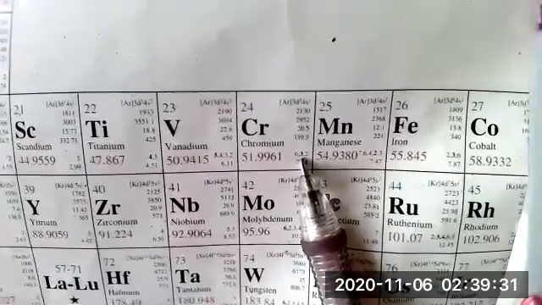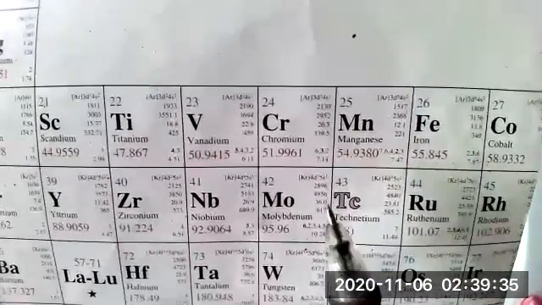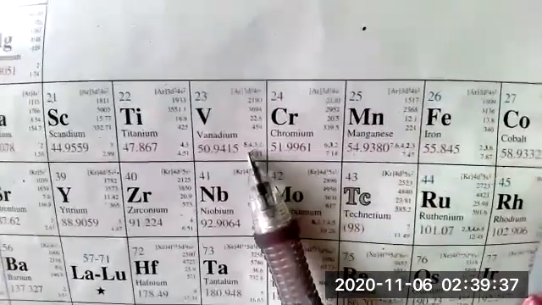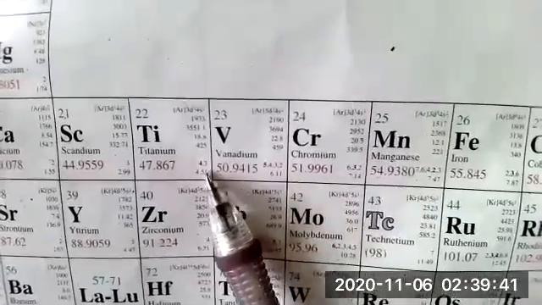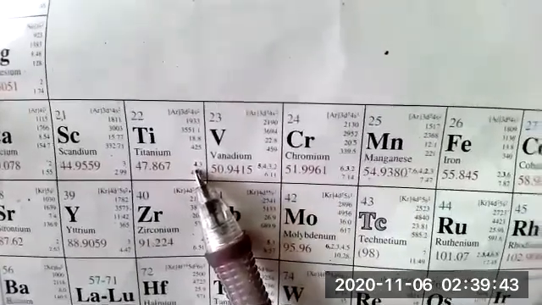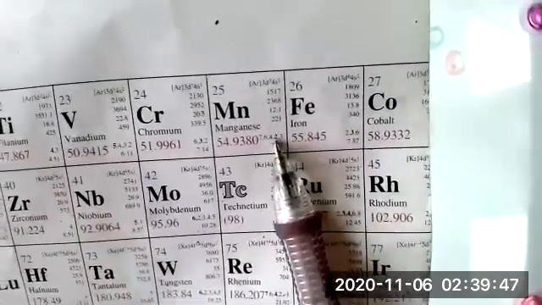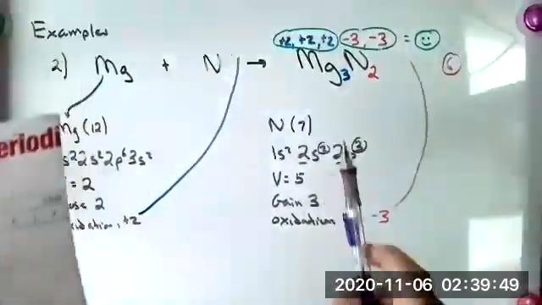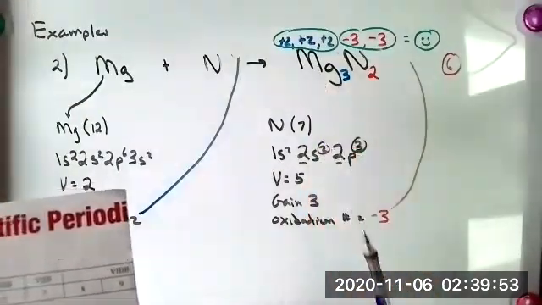We're all going to use the bold print in the first part of topic 9. So I see vanadium, his bold number is a 5. I see titanium, his bold number is a 4. Manganese, it's a 2. So I would use that 2 for him if he was in front. Okay?